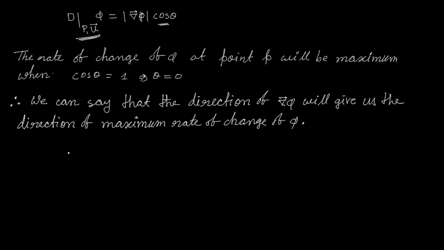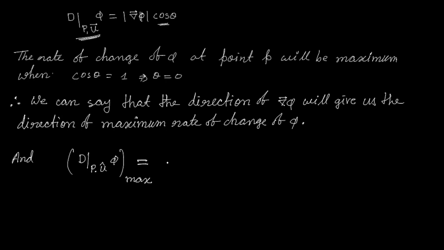And what will be the maximum rate of change of phi? The rate of change of phi at point P along the direction of u will be maximum, and what will be that maximum value?